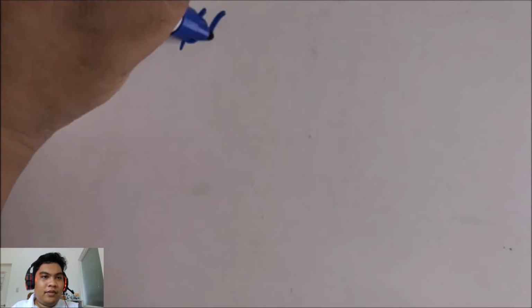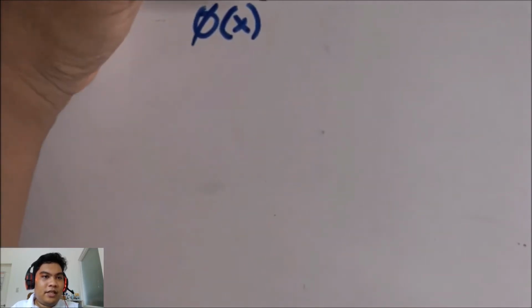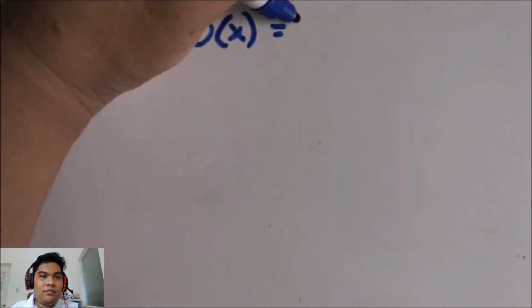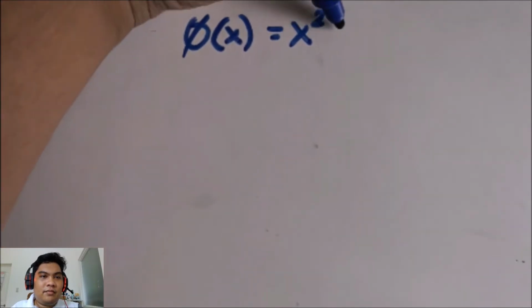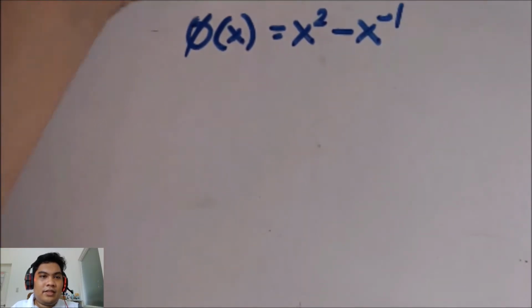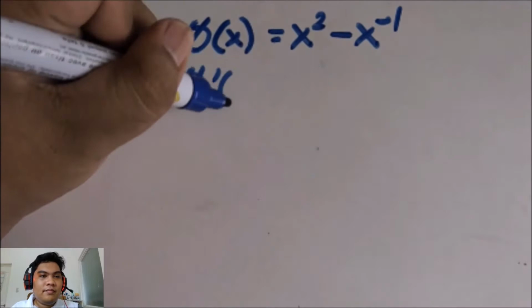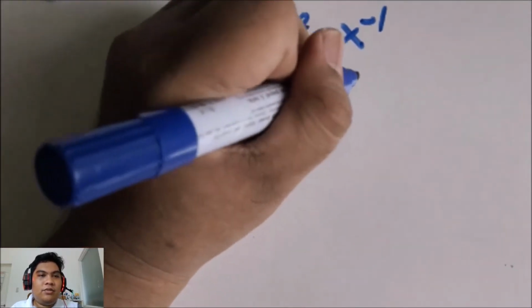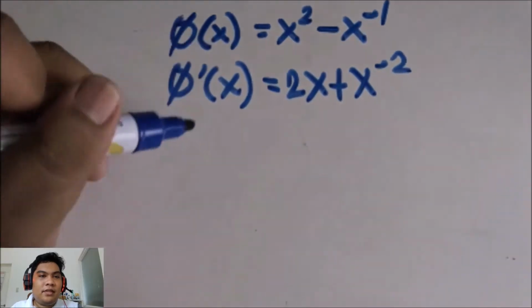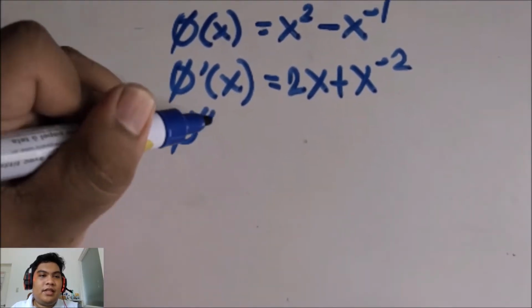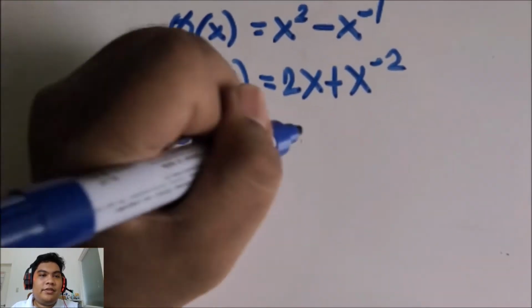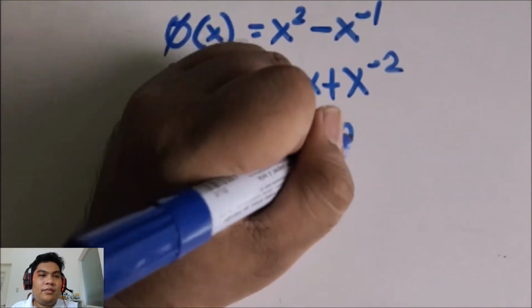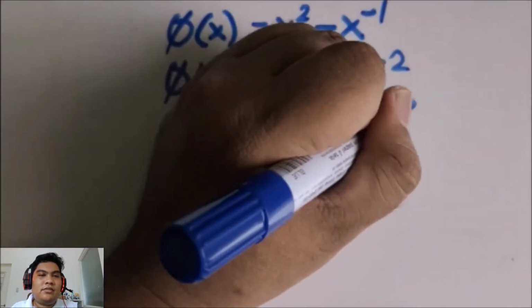Okay, so here is our solution. First, we write phi of x equal to x squared minus x raised to negative 1. And then we get the first derivative, which is equal to 2x plus x raised to negative 2. And the second derivative, which is equal to 2 minus 2x raised to negative 3.